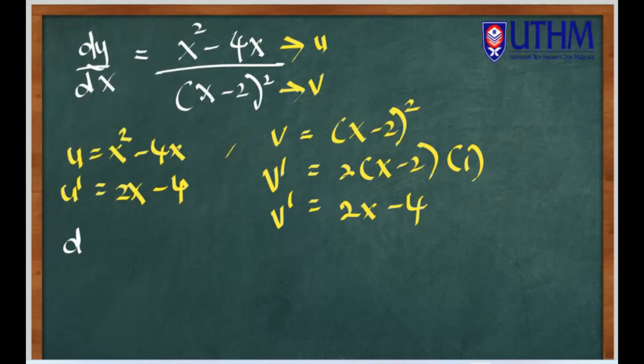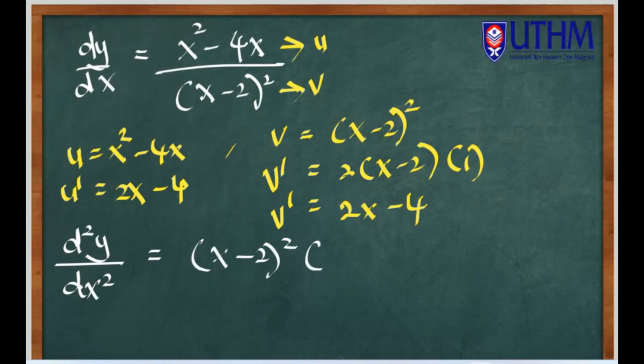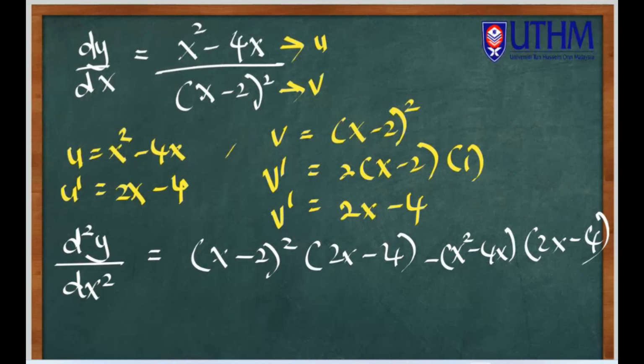Now our second derivative will be x minus 2 squared times 2x minus 4, minus x squared minus 4x times 2x minus 4, divided by our v, which is x minus 2 squared.